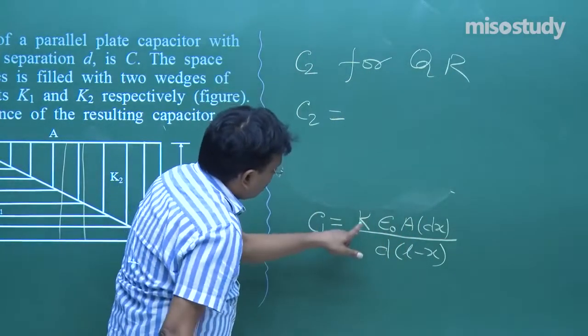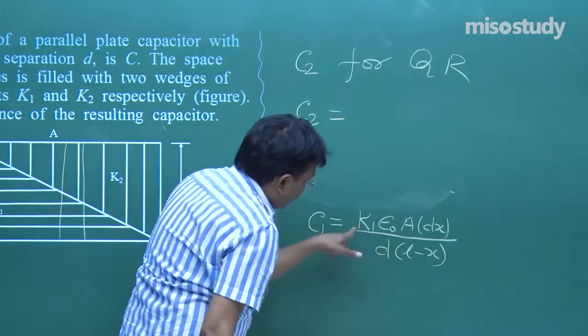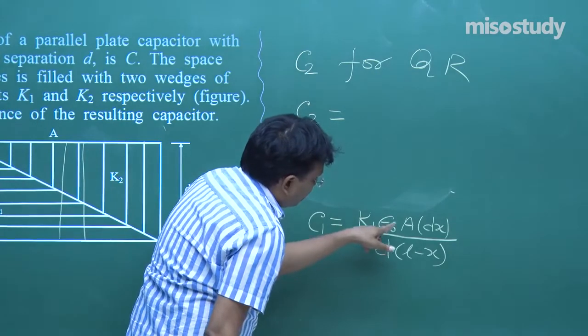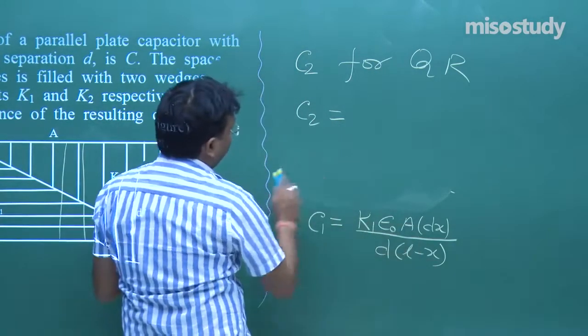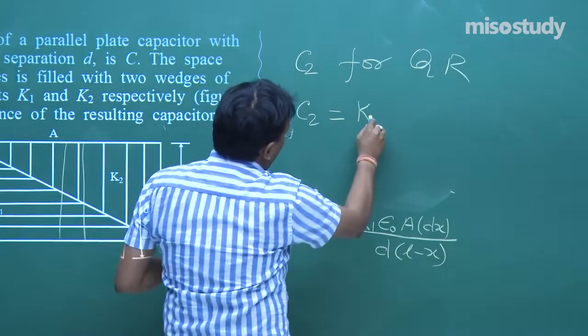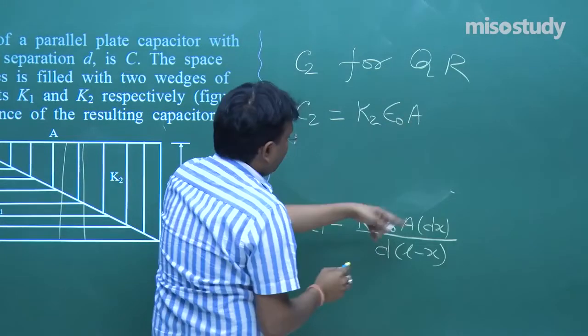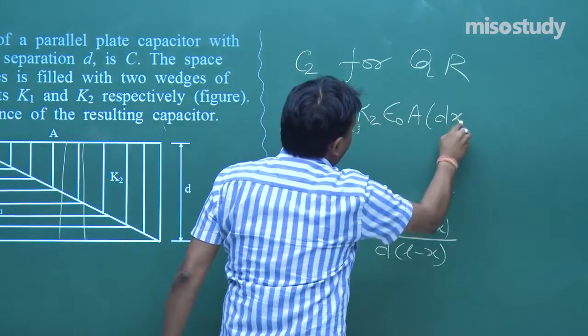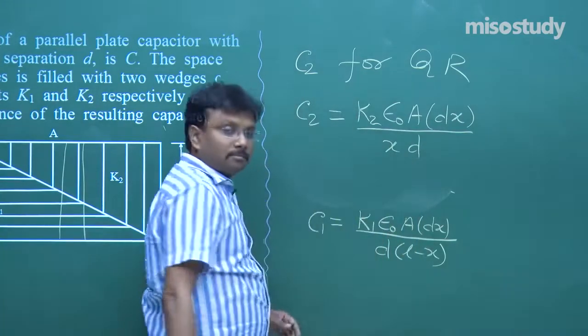C2 is equal to, in the same fashion, K2 epsilon naught A dx upon x into d. Only the denominator is different. So K2 epsilon naught A dx upon x into d.